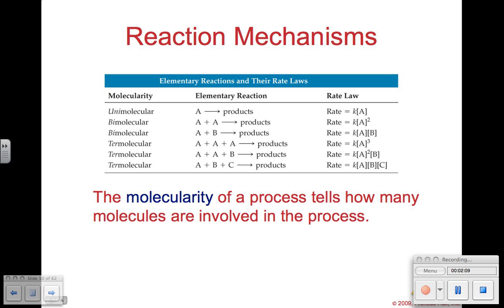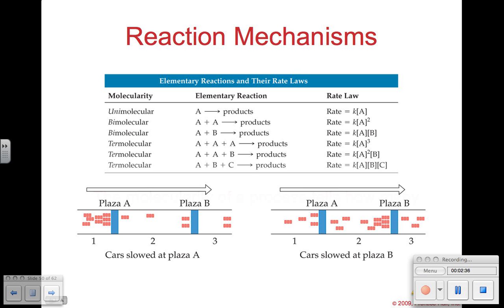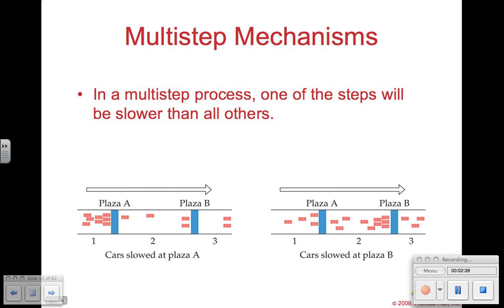Basically, you're saying that you need 3 reactants colliding at the same moment for the reaction to go forward. That's obviously going to be a rarity in a single reaction.